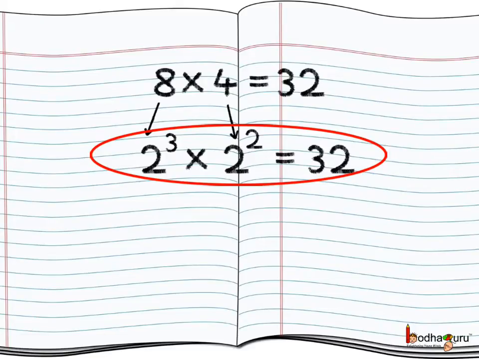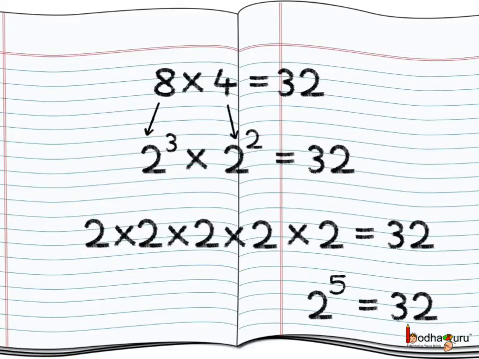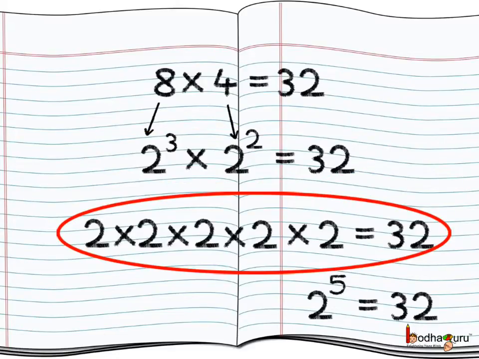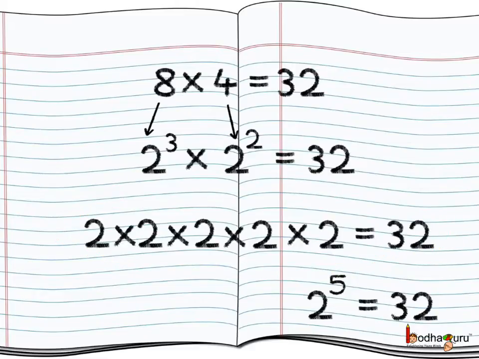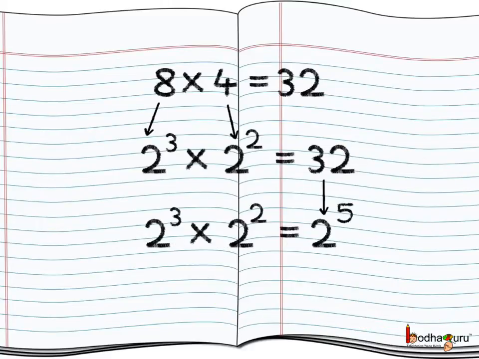Right, children? Now, 32 is the product of 5 twos. So, 2 to the power 5 is equal to 32. Thus, here 32 can be replaced by 2 to the power 5.